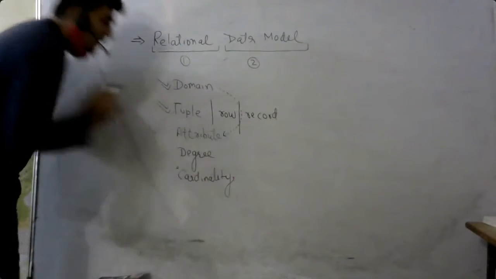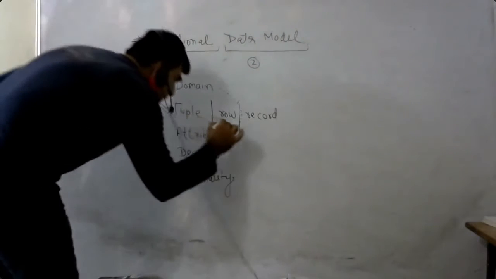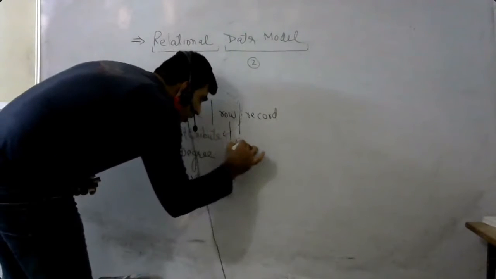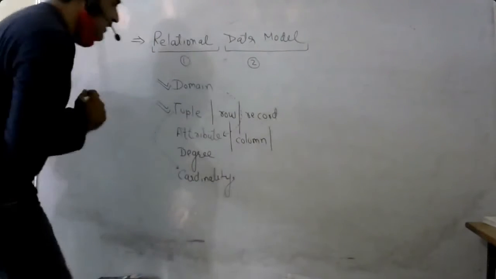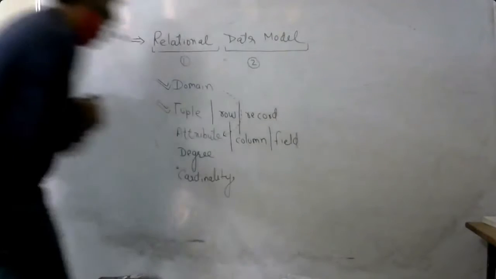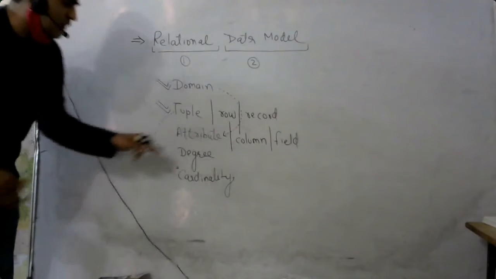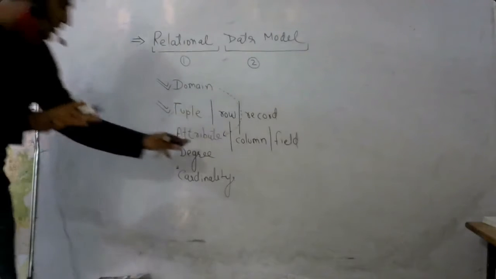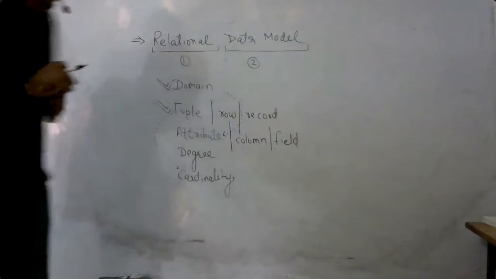Next term is attribute. The alias of the term attribute is column or field.